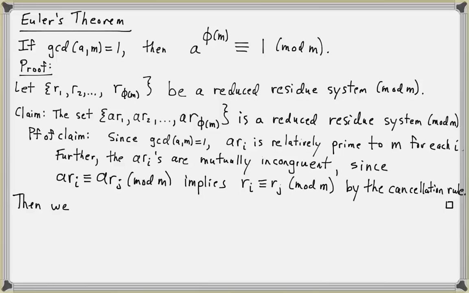We can pair up each aR_i with some R_j such that aR_i is congruent to R_j mod m.